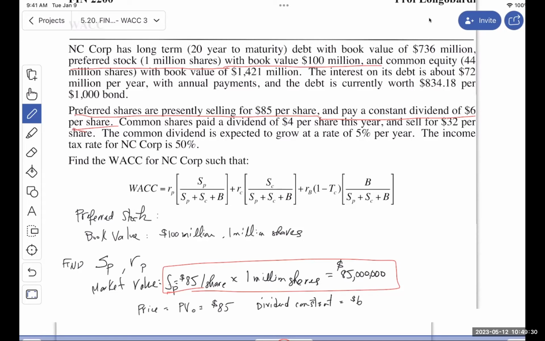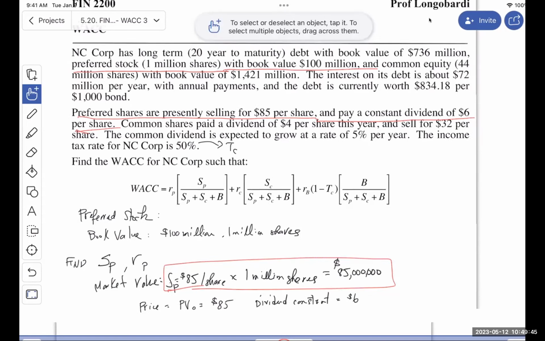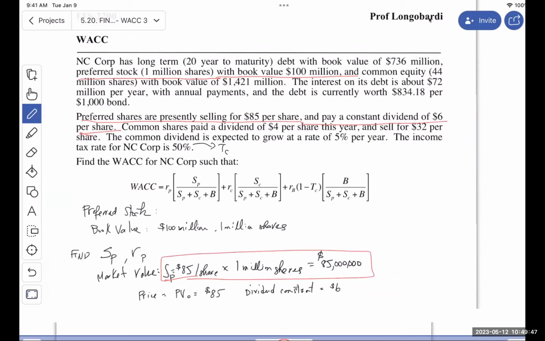This is TC here. Equity. So you don't have growth. So it's not the dividend growth model, but you're just going to use the basic formula. So you don't have anything else. How do we value stock?